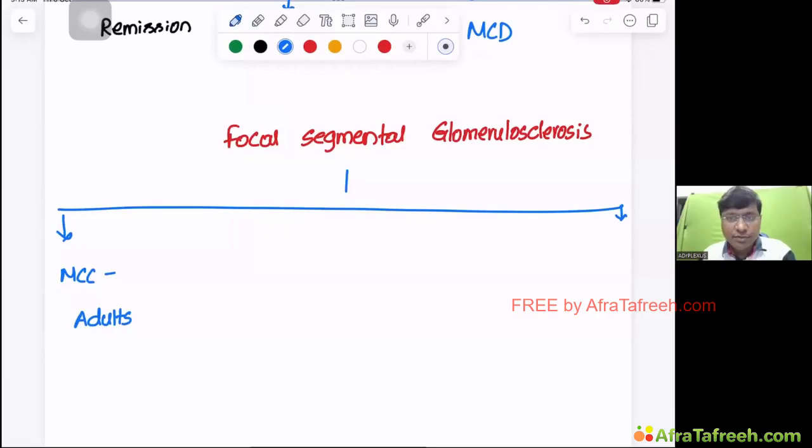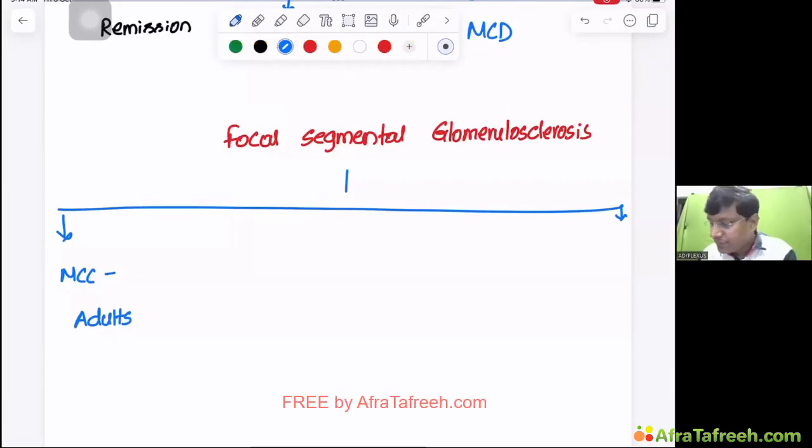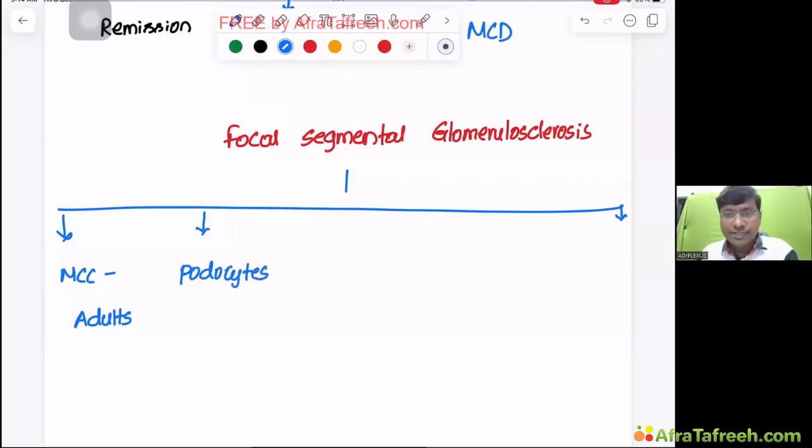In case of focal segmental glomerulosclerosis, the common renal pattern of injury results from damage to the podocytes. Now, either the pathology can be directly in the glomerulus itself, or some other etiology can cause damage to the podocytes.